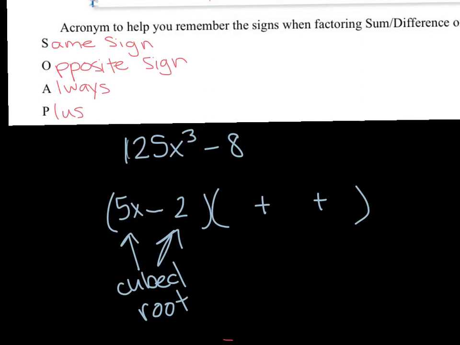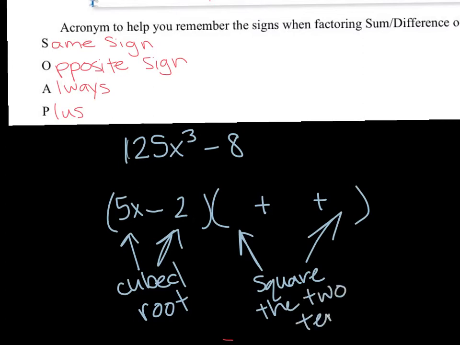So 5x and 2, we need to square the two terms. So the first term is 5x. What is 5x squared? 25x squared. What is your second term? 2. What is 2 squared? 4.